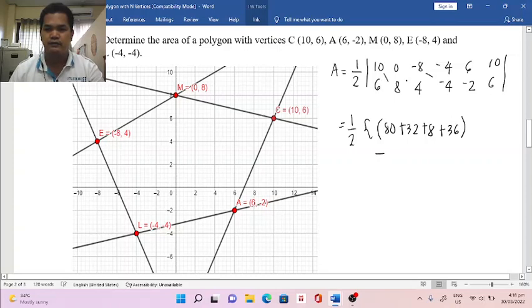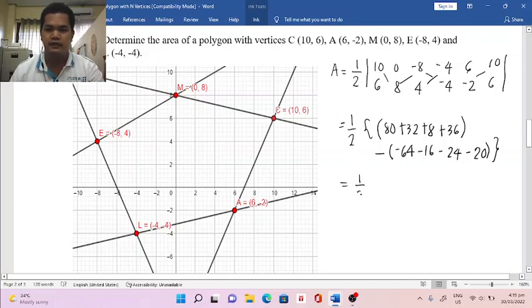This is 0. 8 times negative 8 is negative 64. 4 times negative 4 is negative 16. And then negative 4 times 6, that is negative 24. And then this is negative 20.